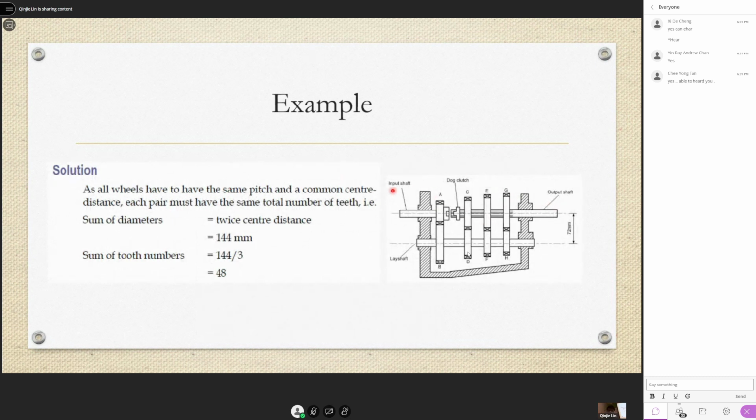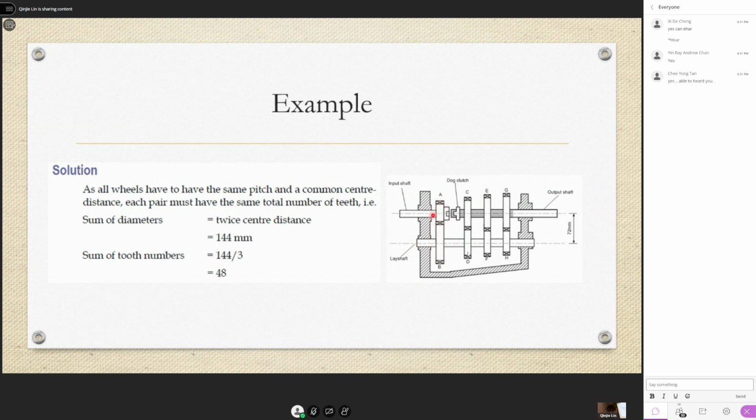The gearbox looks like that. This is the input shaft, the one that is trying to deliver power. The input shaft is connected to the output shaft via some mechanism. This is one gear, connected to this lay shaft. Already there's a gear ratio here. Can you see?